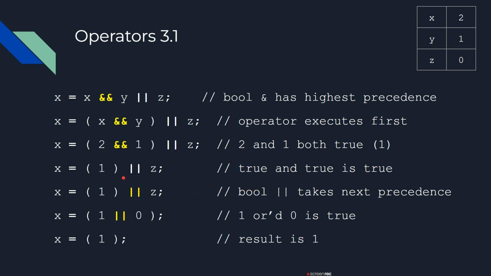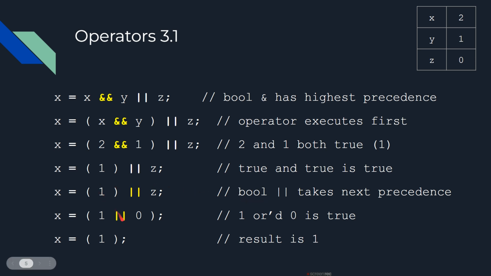Recall back that any non-zero value in the C programming language is considered to be true. Therefore, 2 ANDed with 1 gives a result of true or 1. Now this 1 becomes the left-hand side operand to the Boolean logical OR operator, which takes next precedence since it is below the logical AND.